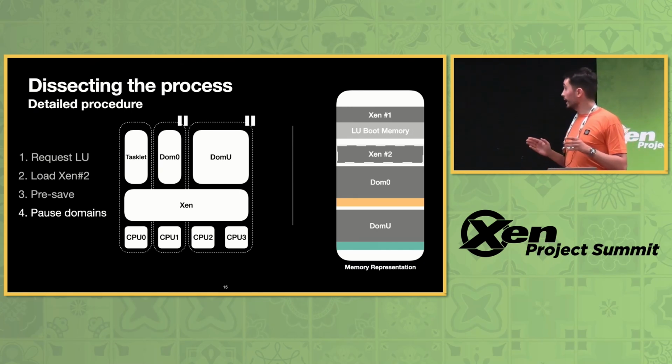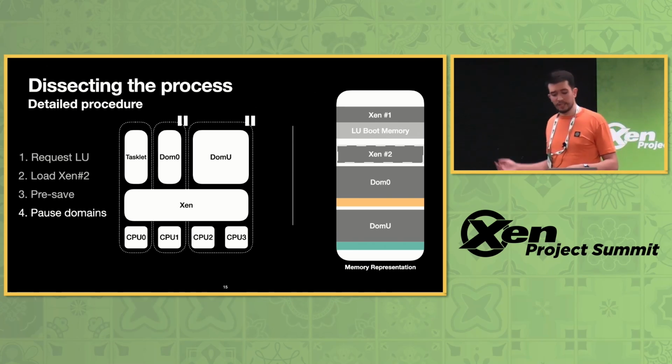So we want to make sure that there is no I/O in flight. And if we can't quiesce the domain because, let's say, QEMU is not responsive, or in the worst case, QEMU is not even running anymore in DOM0 because it has crashed for some reason, then we have a mechanism to bail out and cancel live update.